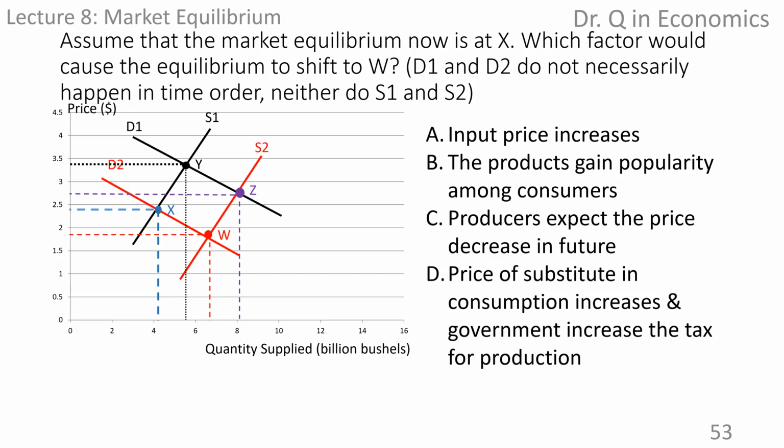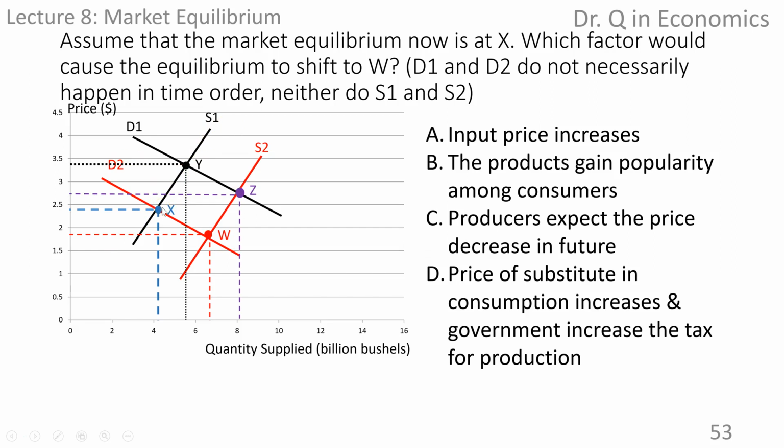Alright, this question tests the knowledge point of determinants for demand and supply and how the change influences the market equilibrium. We're at X, the crossing point of D2 and S1.